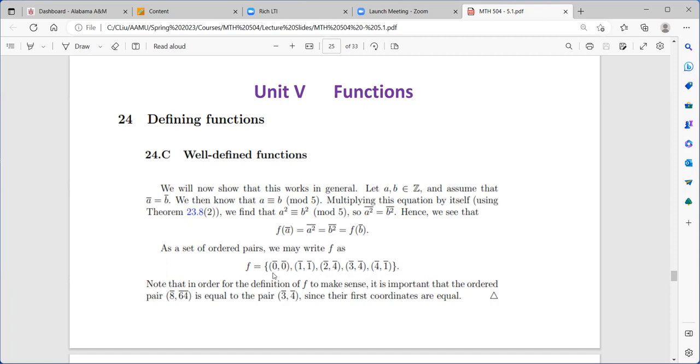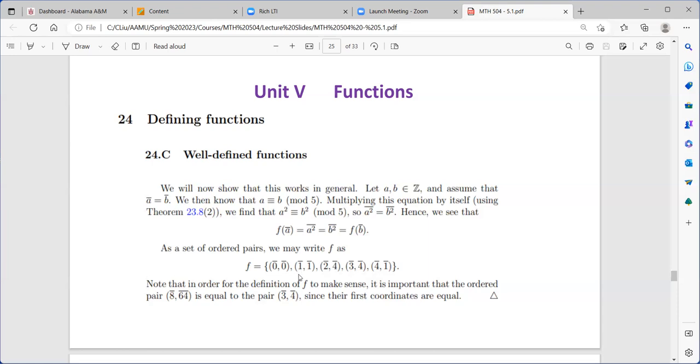So obviously, 0 bar will be mapped to 0 bar. So 0 squared is just 0. So we just get 0 bar in the second entry in the ordered pair.